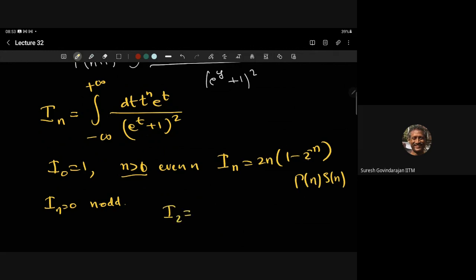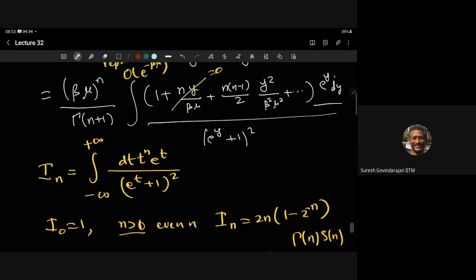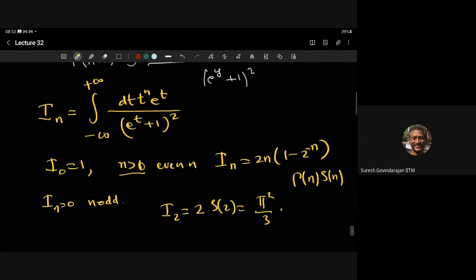It is just 2 gamma of 2, which is 1, times zeta of 2, which is equal to pi squared upon 6. I'm not proving this, I'm just writing the answer. So this completes the integrations.